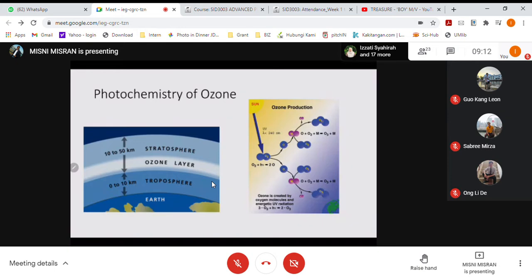So basically, if you look at the reaction of the ozones, we take the illustration on the right-hand side. You can see here the light radiation from the sun will be absorbed by the oxygen molecule.